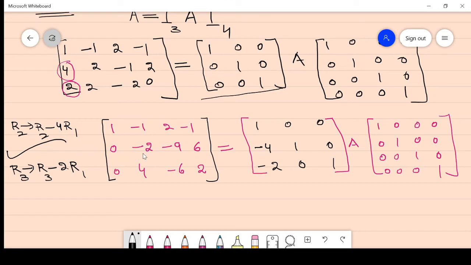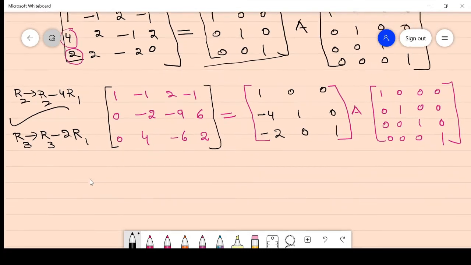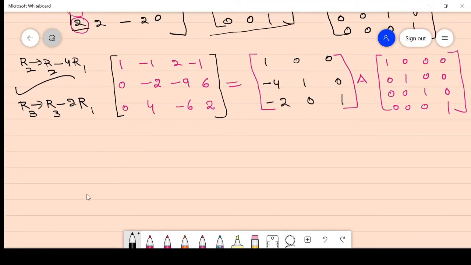Now this term should be 1 and this term should be 0. So we can directly do it as R3 plus 2R2, in the place of R3.